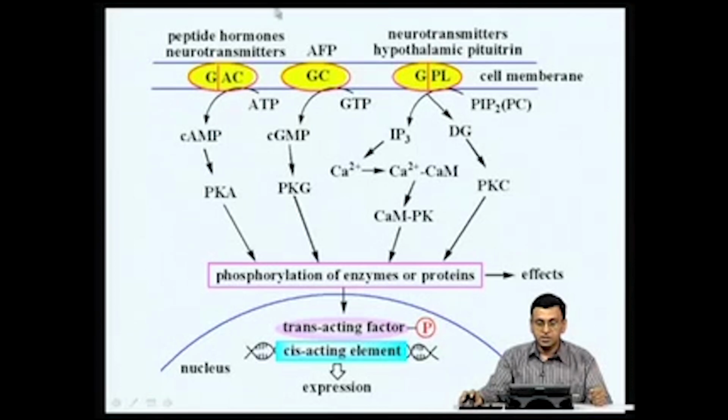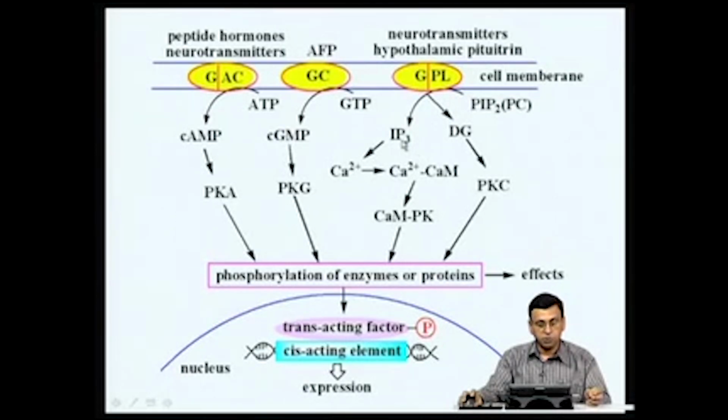The other thing we are going to discuss is molecules like neurotransmitters and certain hypothalamic hormones, which activate a different set of G proteins. Just like this G protein here activates adenylate cyclase, and here you have activation of guanylate cyclase, this particular G protein now activates phospholipase C, and phospholipase C converts phosphatidylinositol bisphosphate into inositol trisphosphate and diacylglycerol, and these two are very important second messengers.